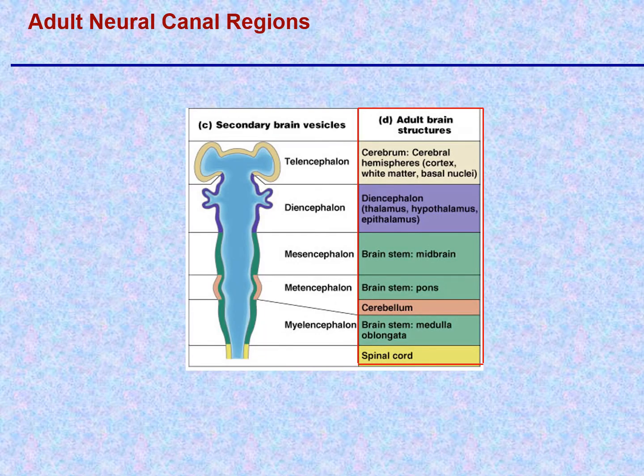In terms of development, what they develop from, I'm not going to get into the details of embryonic development, but the main adult brain structures, as I said, are the cerebrum, diencephalon, brainstem, the midbrain, the pons of the brainstem, and the medulla oblongata of the brainstem, and the cerebellum and the spinal cord.